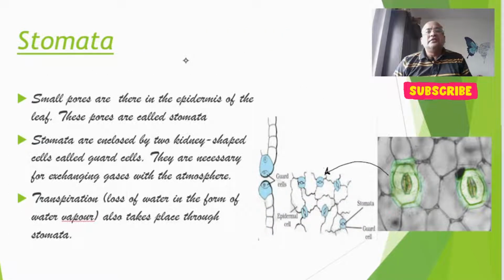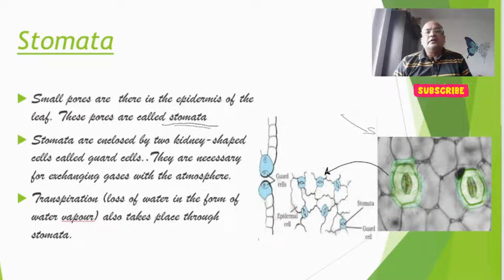Then let's see what we understand by stomata. You might have come across this word. Stomata are small pores in the epidermis of the leaf. If you see under a microscope, you'll see the small pores, and these are the stomata.